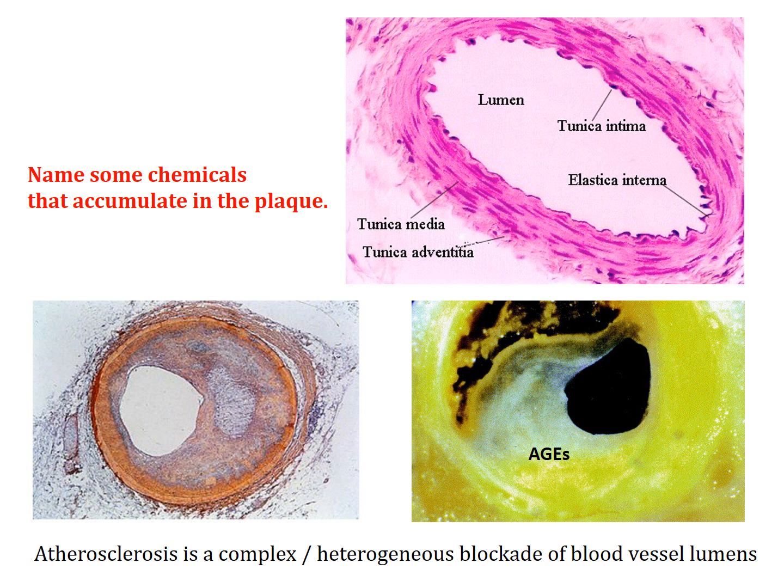AGEs, advanced glycation end products, is something we'll talk about in a couple of slides, and we'll see how glucose plays a role in developing these AGEs, which are important in the development of the plaquing process.